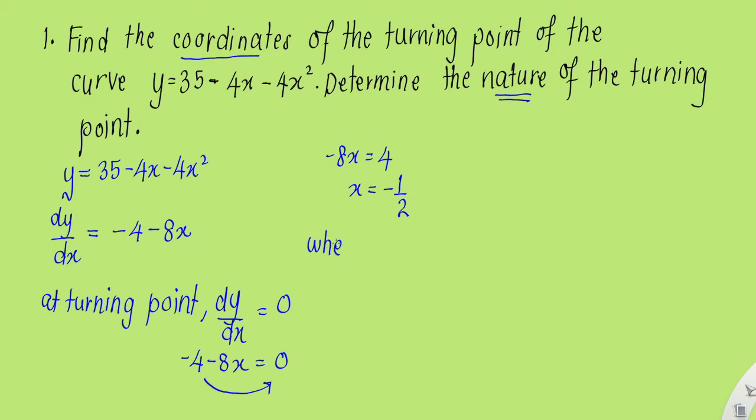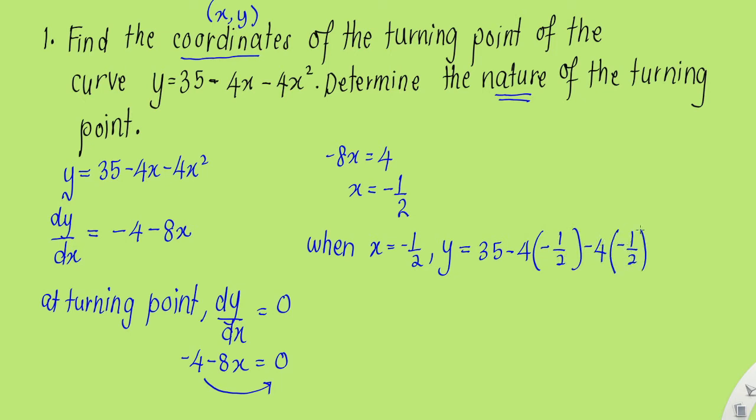Now we have to find the y, because to find the coordinates means you have to find x and y, both. So x is ready. Now when x is -1/2, you substitute this into the curve function y = 35 - 4(-1/2) - 4(-1/2)².